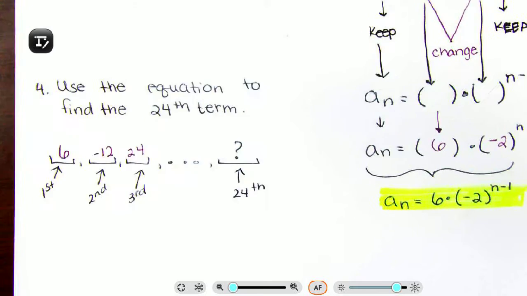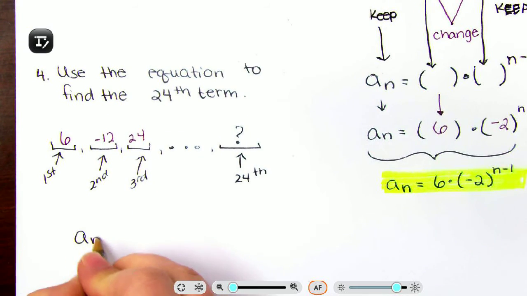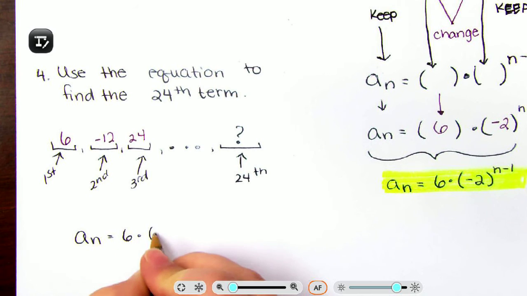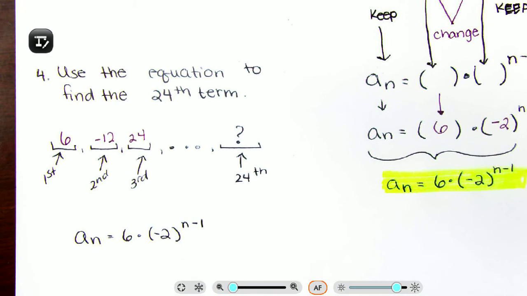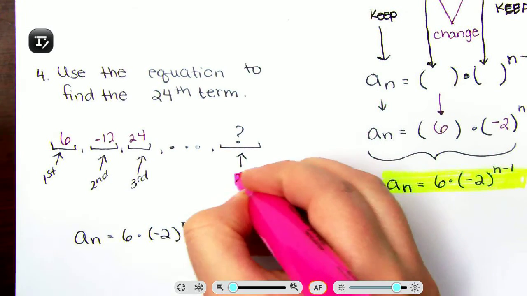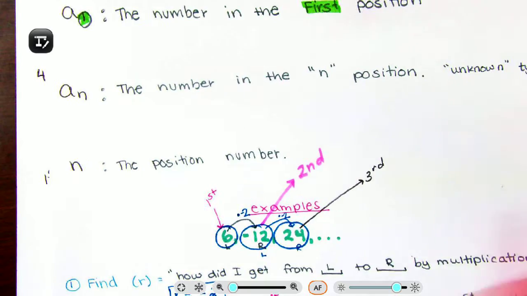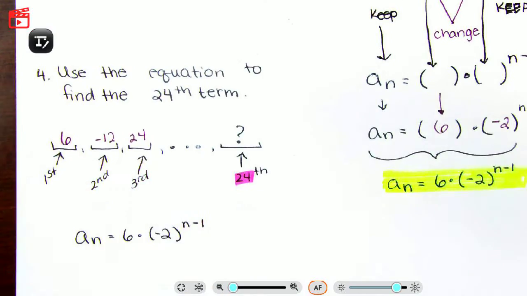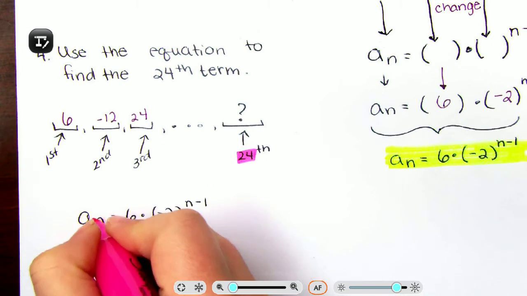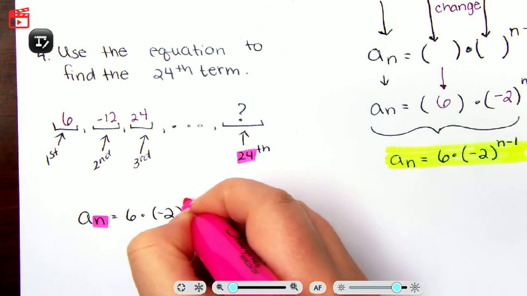So what we're going to do is take our equation: a sub n is equal to 6 times -2 to the n minus 1. Because we want to know the 24th position, remember, n is the position number. I want to know what the 24th position number is. So here is my n, the position number, and here's another n.